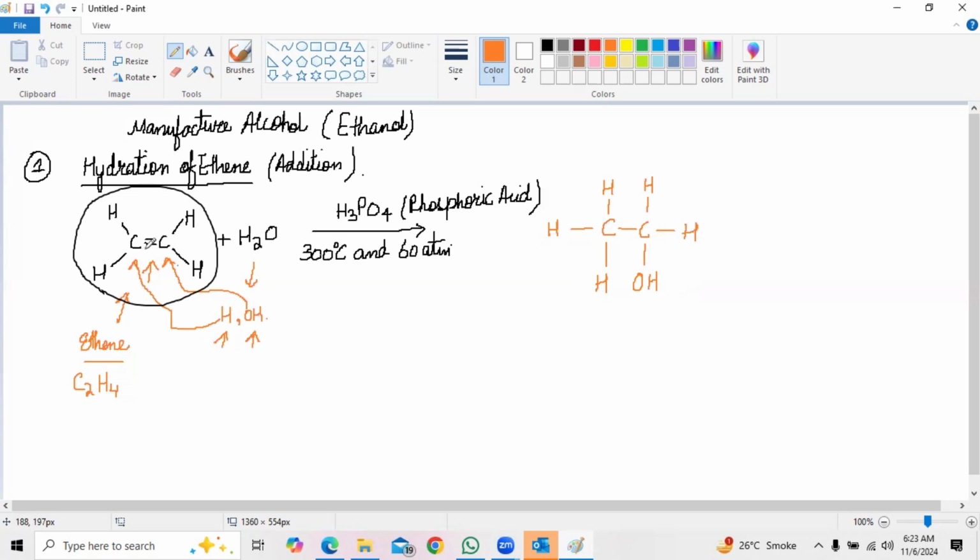Now you can see this alkene, which is ethene, has been changed into ethanol. And ethanol is basically an alcohol. Okay, so we have to remember this temperature, pressure, and the catalyst, which are going to be very important.